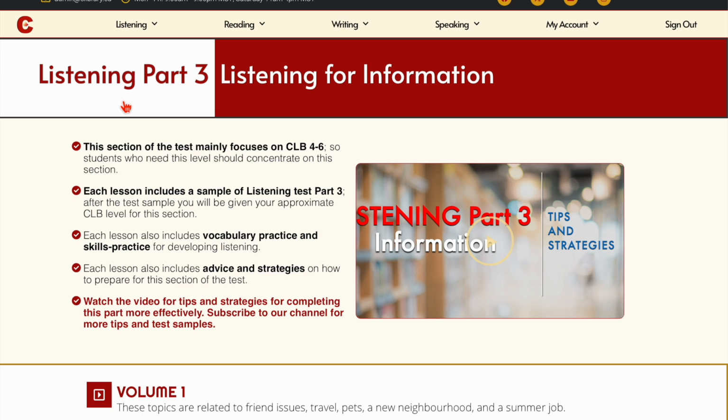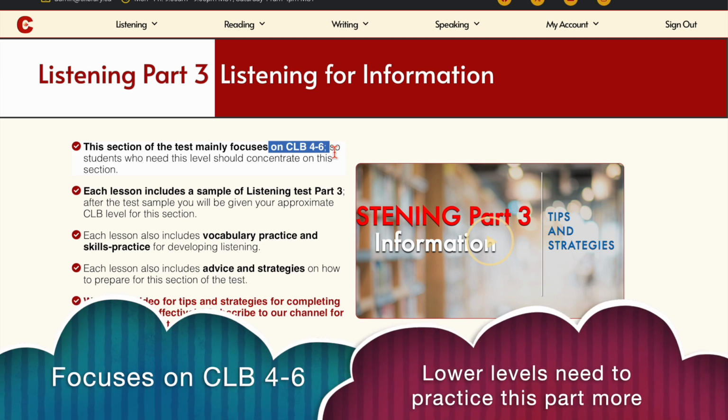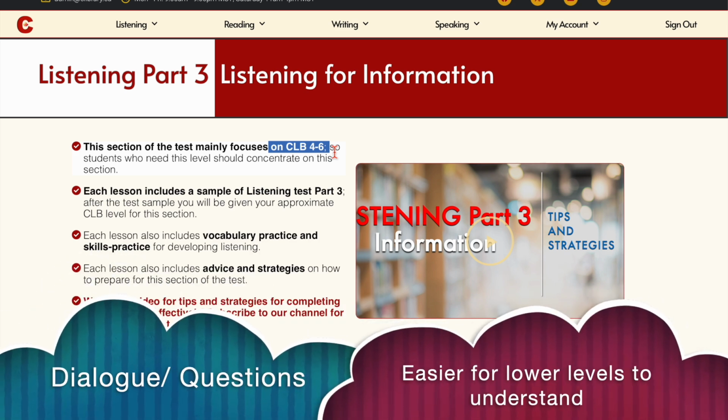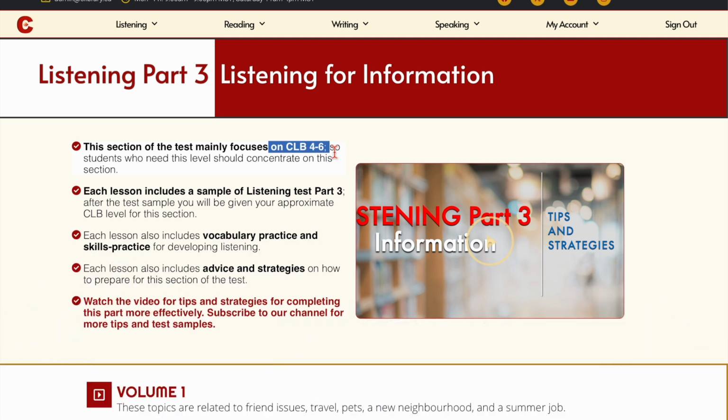Before we get started, I want to remind you that this part of the listening is more focused on CLB 4 to 6. What does that mean? Well, it means that if you need to get CLB 4, 5, or 6, you need to focus more on this part because the dialogue is easier for you to understand and the questions won't be so complicated, okay?